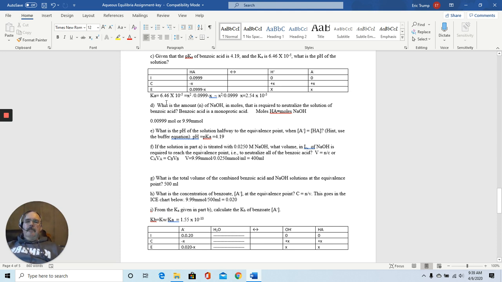The Ka is given, and that is equal to hydronium times A minus over HA. Okay, so that's X times X, or X squared divided by 0.0999 minus X.